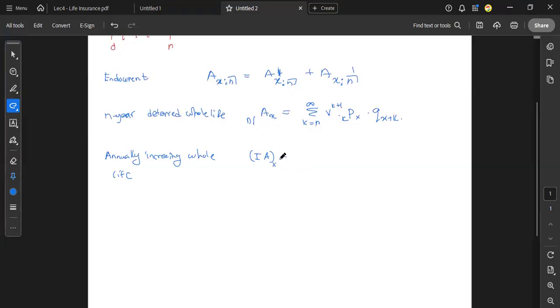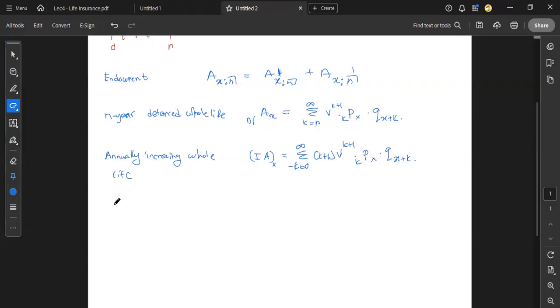Since it is whole life, we don't have any other symbols. So this goes k equals 0 to infinity, and instead of t, now we are multiplying with k plus 1. The probability is the same. If it is term life, infinity is replaced by n minus 1.